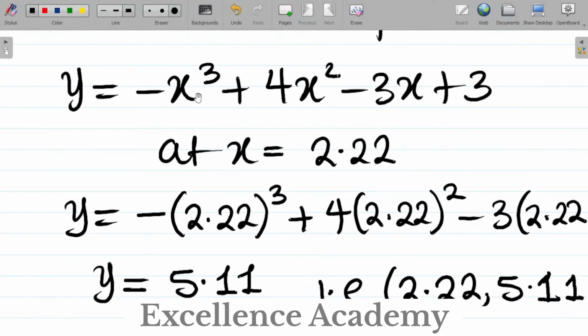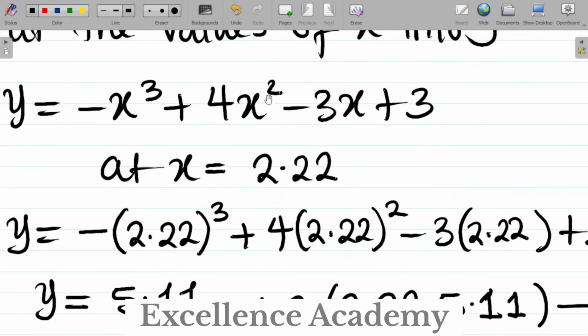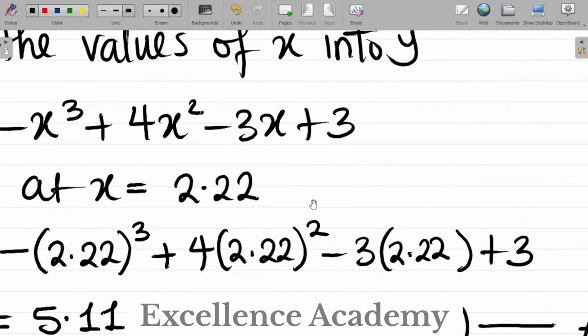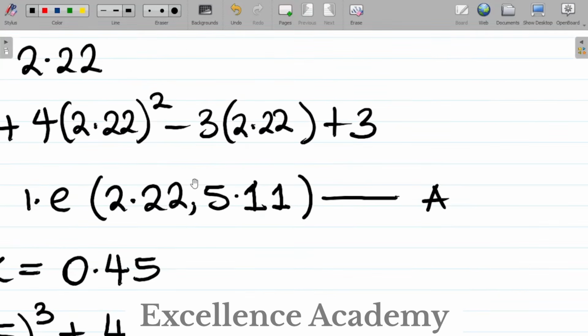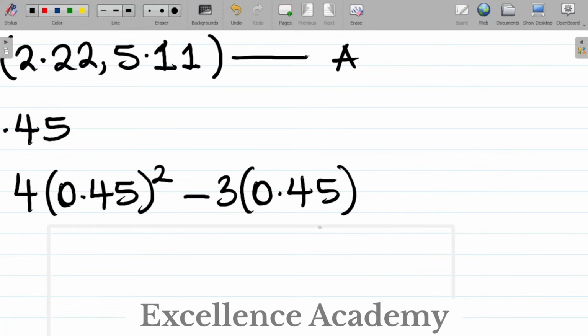So this becomes minus 0.45 cubed, plus 4 into x squared, 4 into 0.45 squared, next minus 3x, so minus 3 into 0.45, and then plus 3. So let's impute this value.